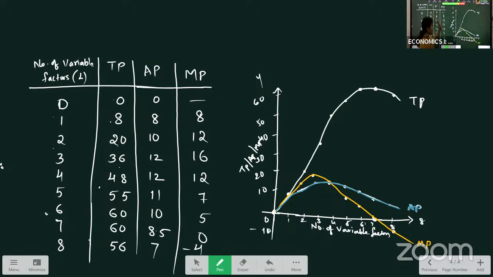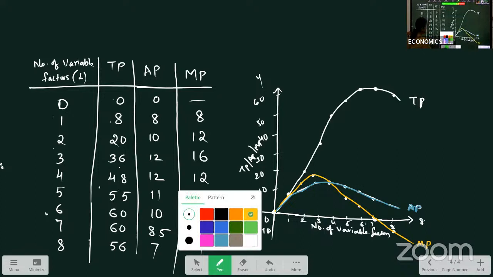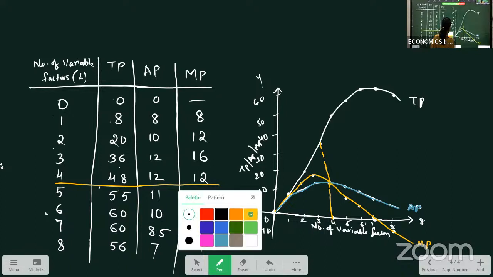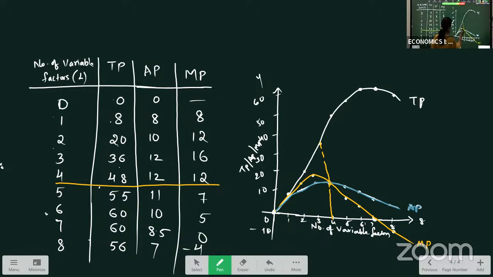From this, what we have observed is that at the fourth unit, our AP and MP both are equal. So at this point, our AP and MP both are equal. This will be your first stage.